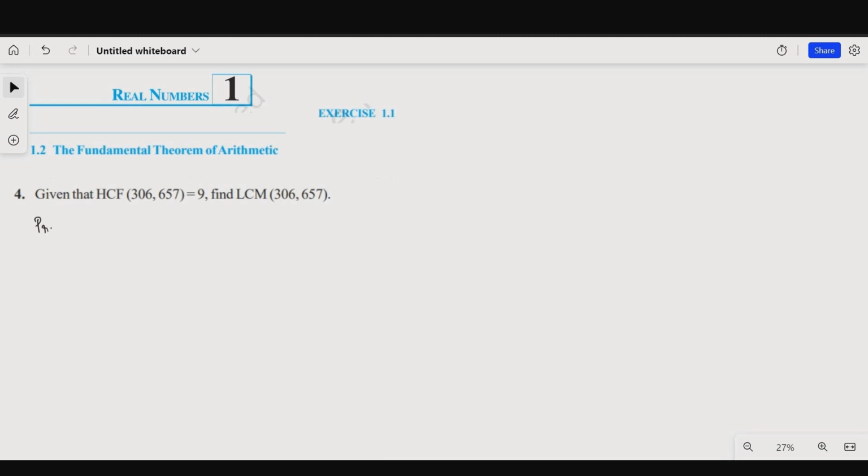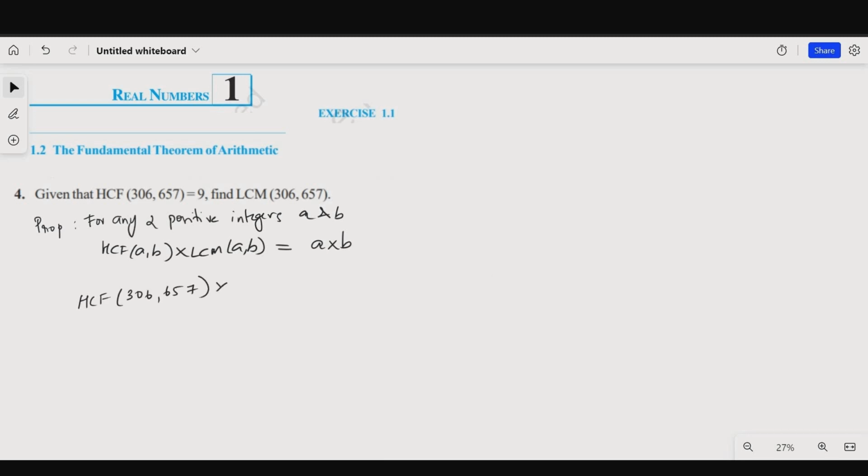We know a property that for any two positive integers A and B, HCF of A, B into LCM of A, B is equal to the product of A and B. So HCF of 306, 657 into LCM of 306, 657 is equal to 306 into 657.